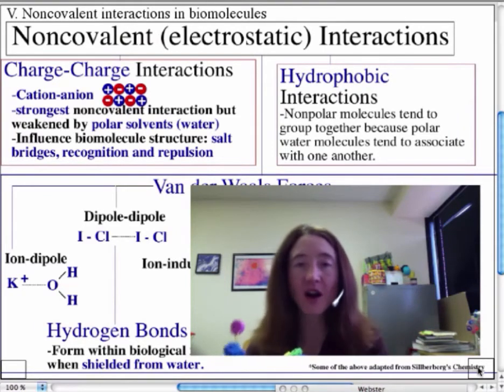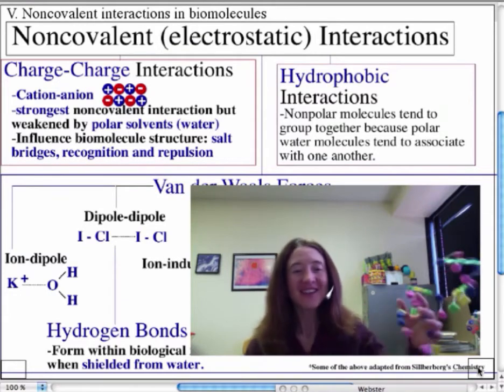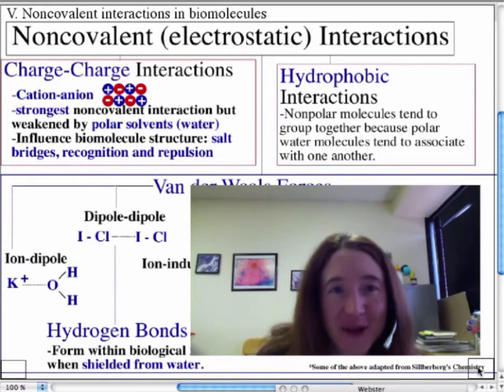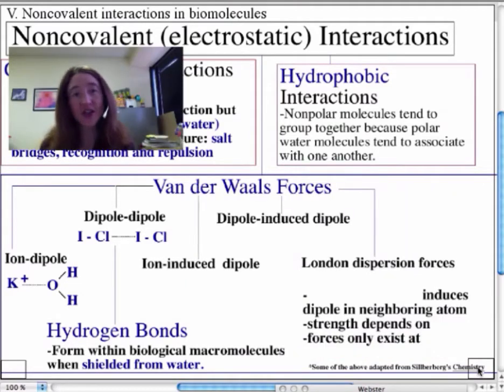They're not pulled and tugged apart by water because they are shielded from that water. So hydrogen bonds are a favorite example of dipole-dipole interactions, and dipole-dipole interactions are stronger than the next type of interaction, which are the ion-induced dipole interactions.